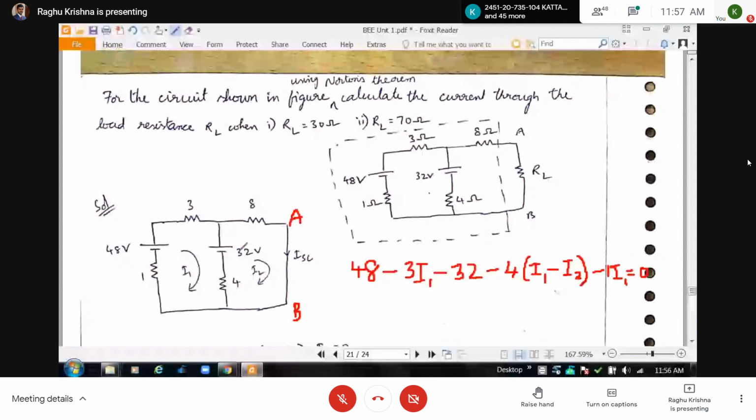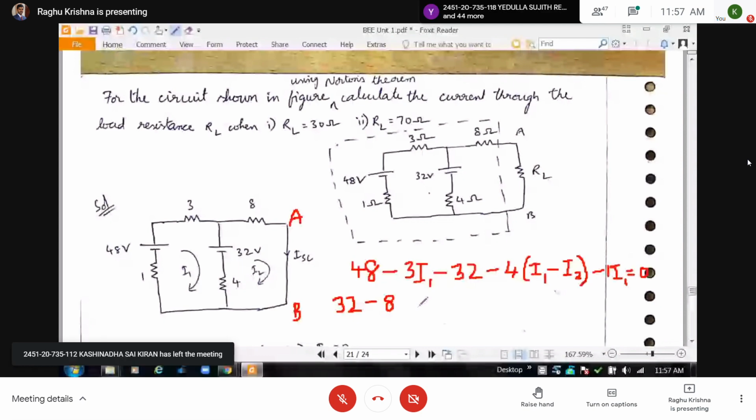That means 32 minus 8I2 minus 4 into resistance (I2 minus I1) is equal to 0. These are the two loop equations.